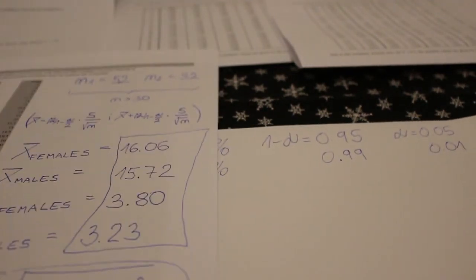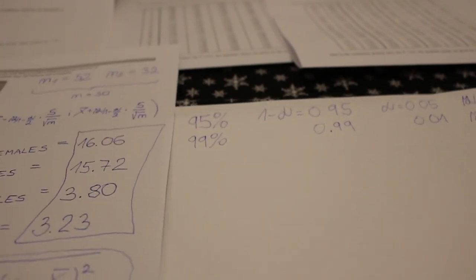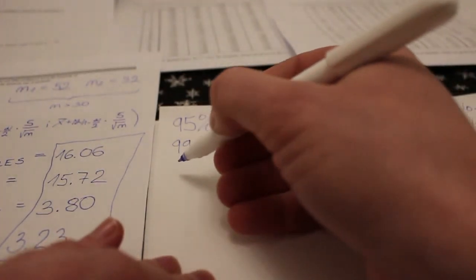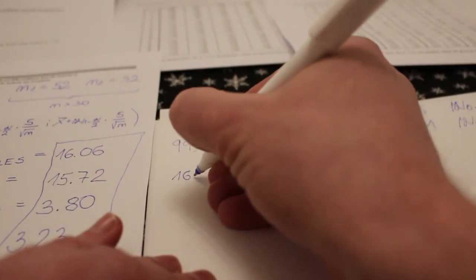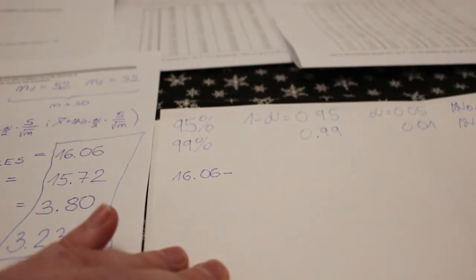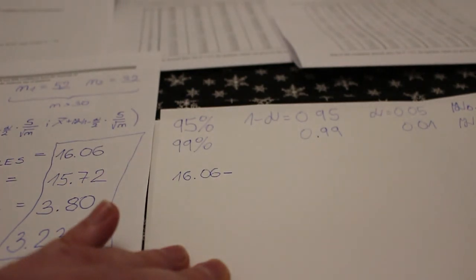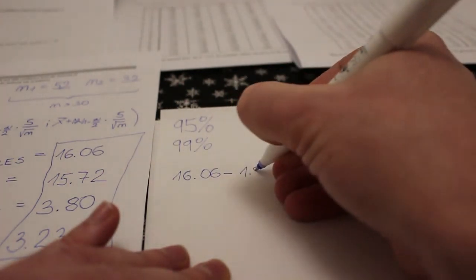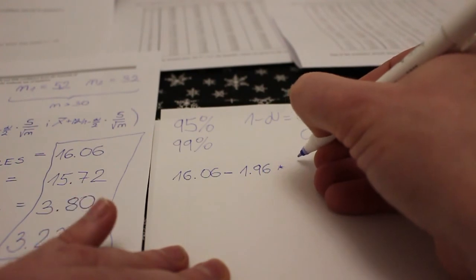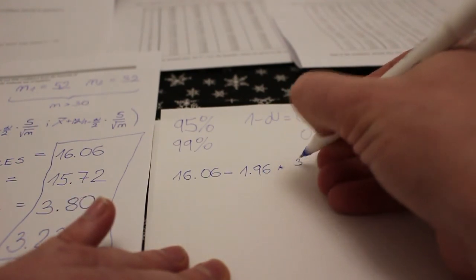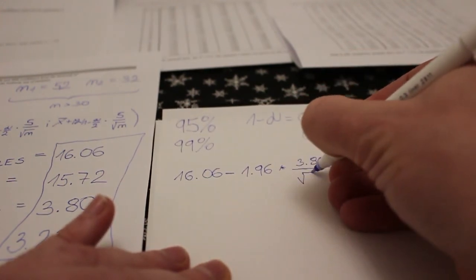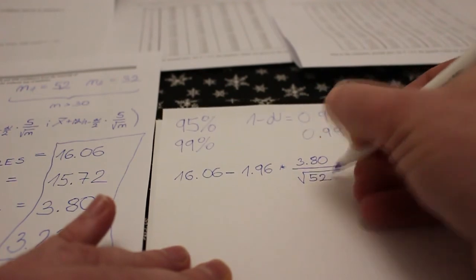For example, we will start with females. So females, the mean 16.06 minus, for the situation of 95%, 1.96 times the calculated standard deviation 3.80 divided by square root from 52 girls.